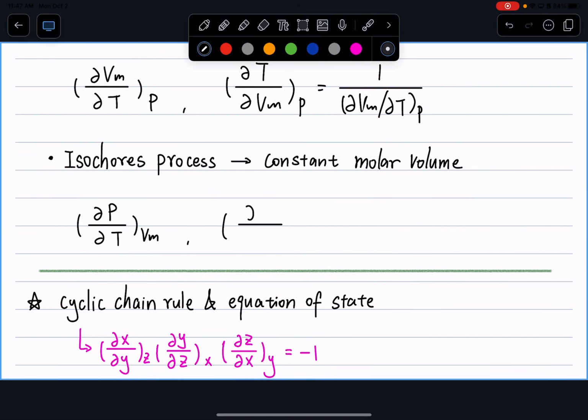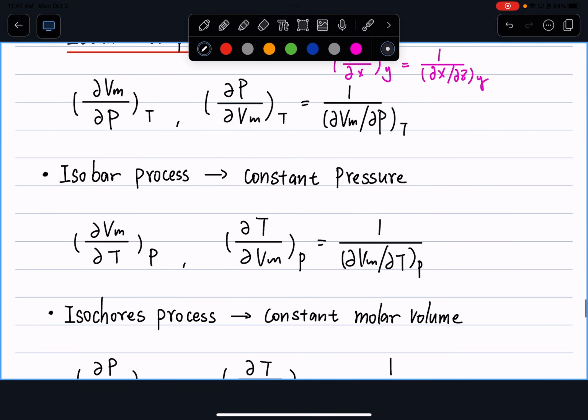We have the partial derivative of T over P at constant Vm equals 1 over the partial derivative of P over T at constant Vm. Right, so now we have three pairs of partial derivatives that are connected to each other.